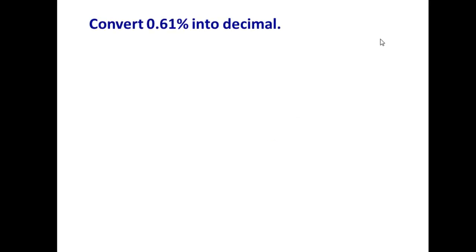Clear? So let's have another. Convert 0.61% into decimal. Again percentage symbol is given, I have to remove it. So what is the process? You have to remove it, divide by 100. But again note one thing, here the number is already in decimal form, so you will be dividing the decimal also.